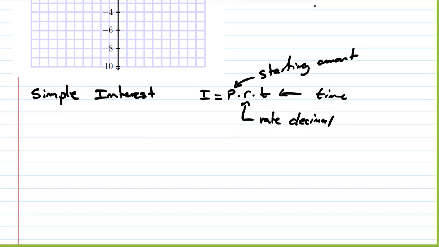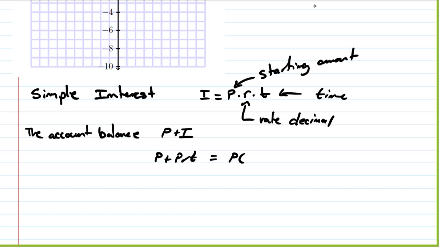So we've used that formula in the past to calculate interest, but the account balance then would be P plus I, but I is PRT, so that's P plus PRT, or factoring out our P, 1 plus R times t.